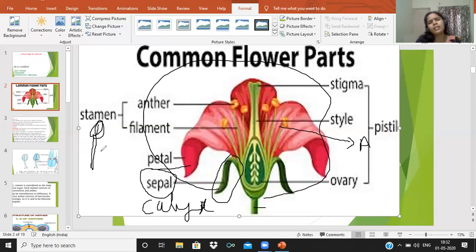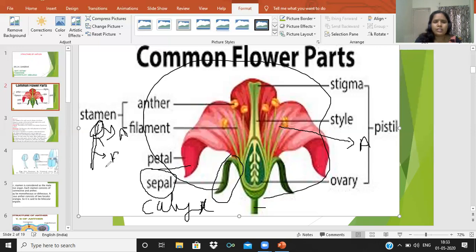It consists of three parts. The first part is the anther, the second is the filament, and the third is the connective. The anther is the tip of the stamen, with a bilobed structure.